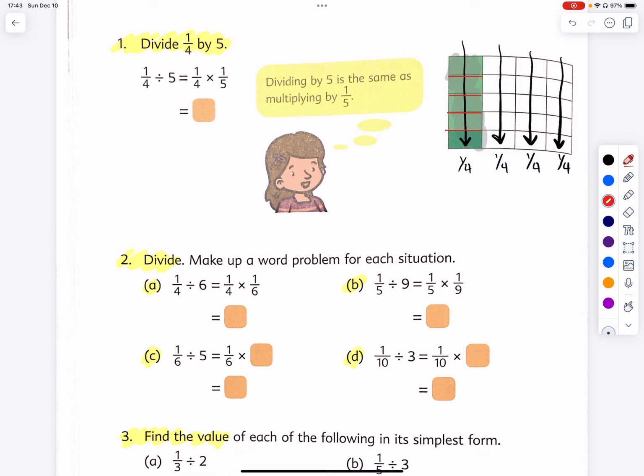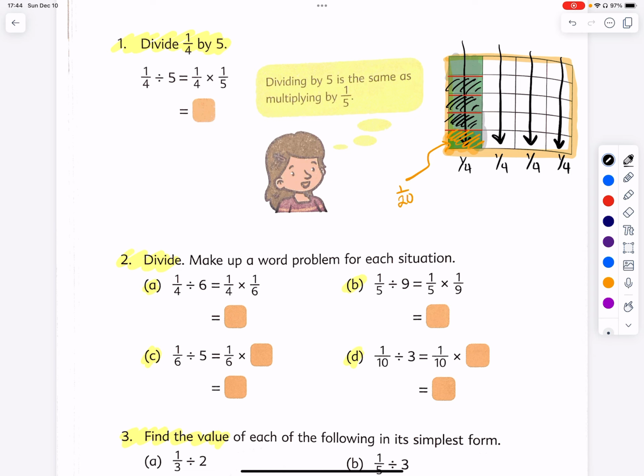But now if you take a look at each individual section, like for example this little piece, it is actually 1 out of 20 parts of the whole original rectangle, right? Notice, if we look at the original rectangle, this small piece is 1 out of 20 equal parts, and this is 1 out of 20, and so is this.